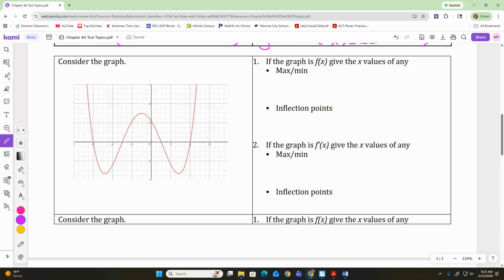All right, so this first one tells me, if the graph is f of x, so this is the original function, give the x values of the maxes and mins. So I'm looking at the function. Where does it have a max?